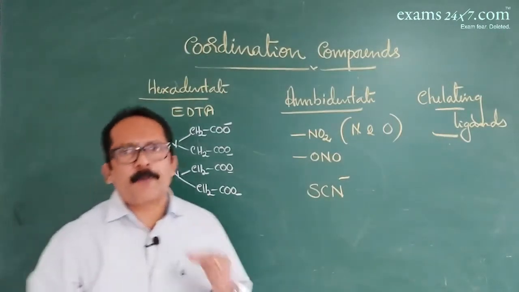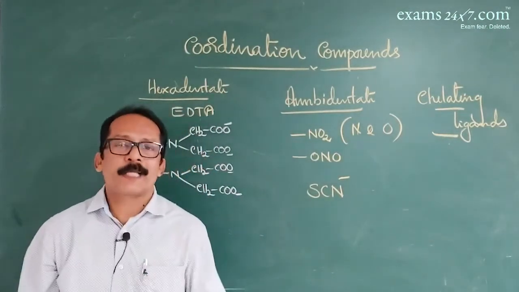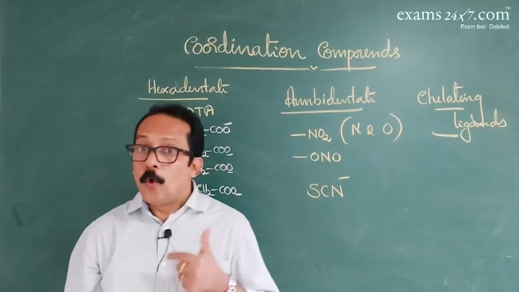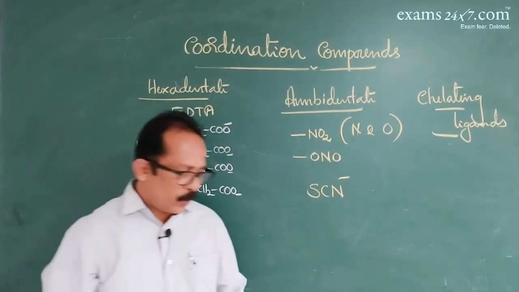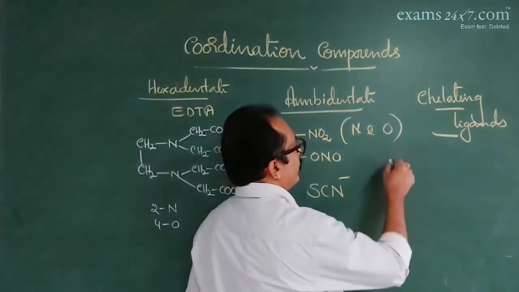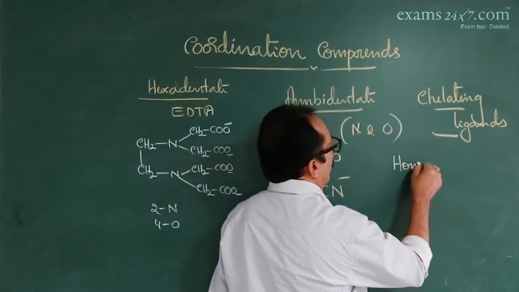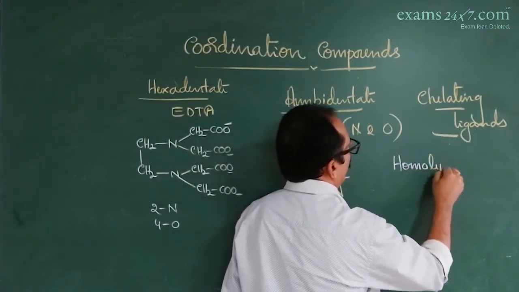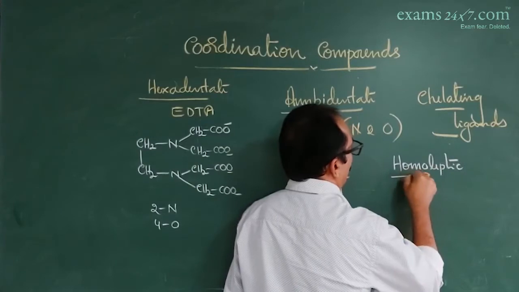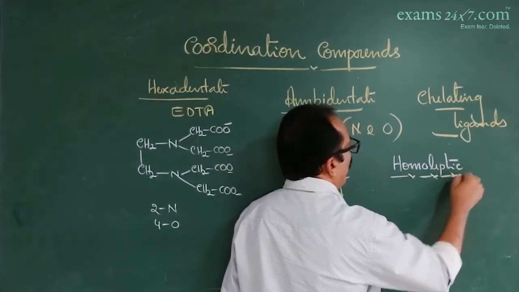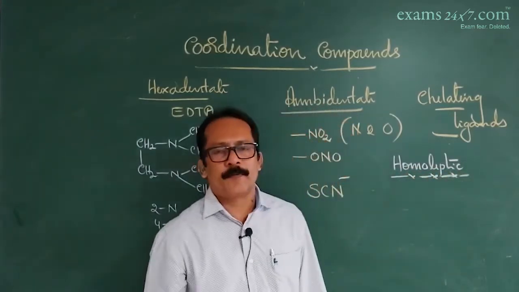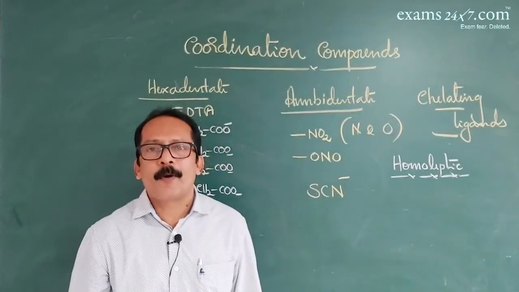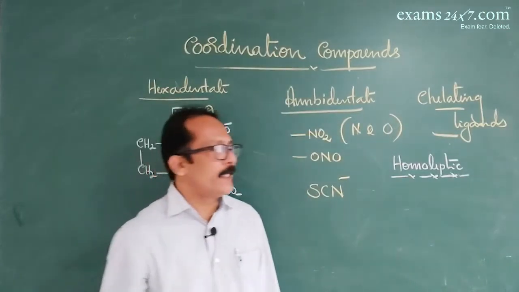Now, based on type of ligands, there are two more types of complex compound, homoleptic complex and heteroleptic complex. Now, what about homoleptic complex? In homoleptic complex, the complex compound consists of only one type of ligand, identical ligand.